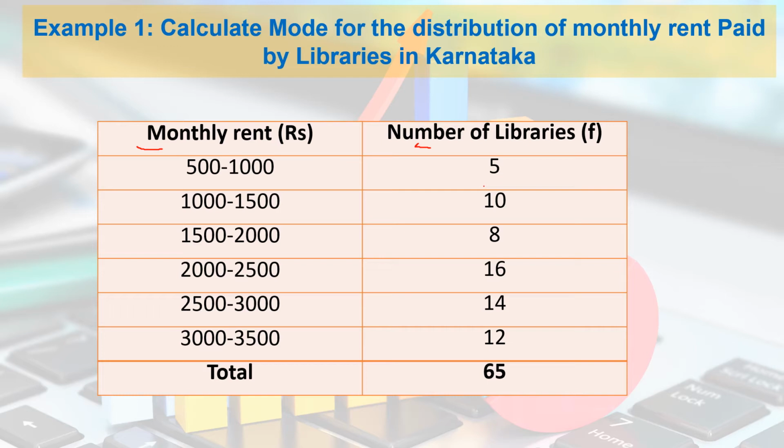In this case we find the modal class, which corresponds to the highest frequency. Here the highest frequency is 16, so the modal class will be 2000 to 2500.